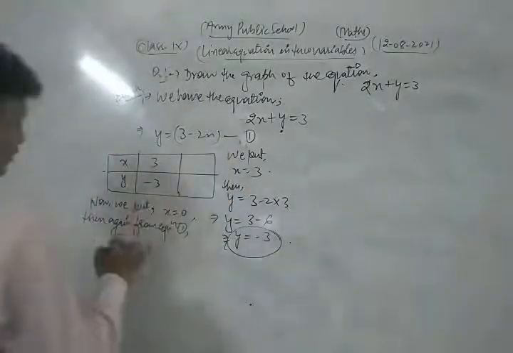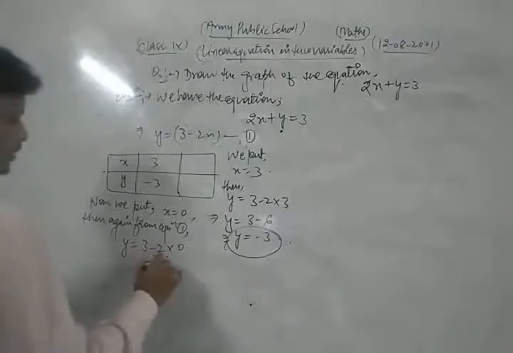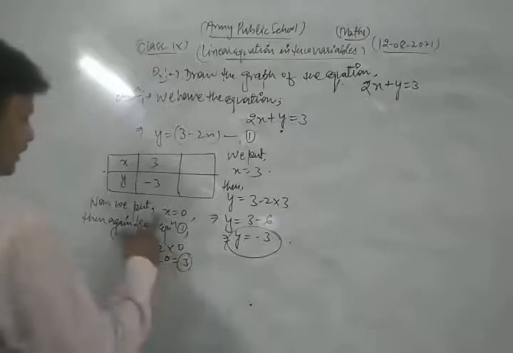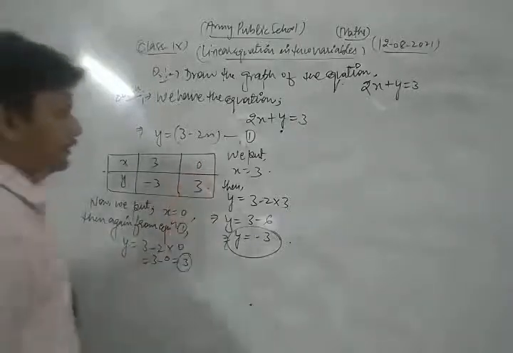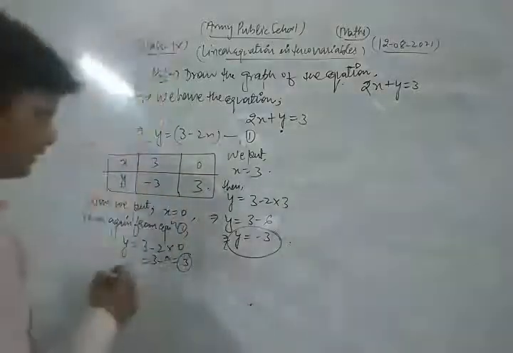We get y is equal to 3 minus 2 into 0, that is 3 minus 0, that is 3. So dear students, if we put x is equal to 0, then we get the corresponding value of y as 3.